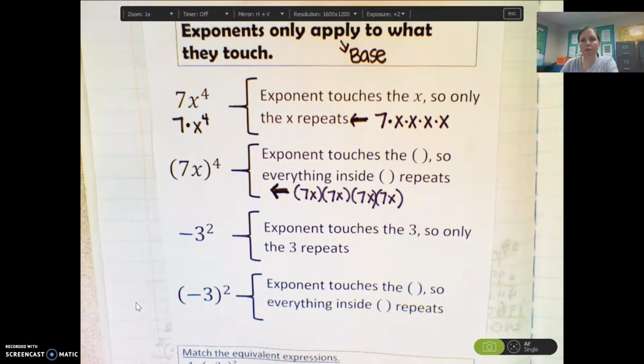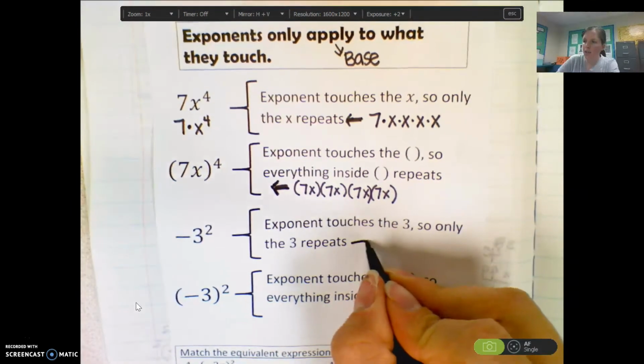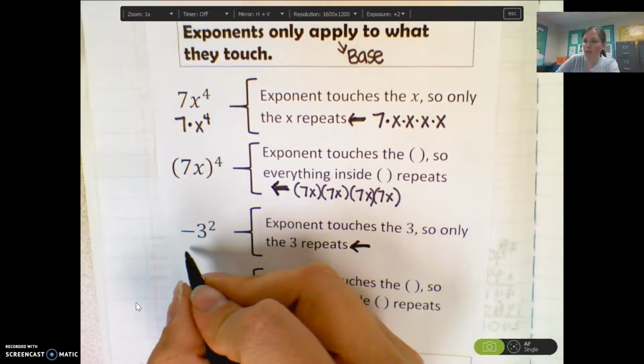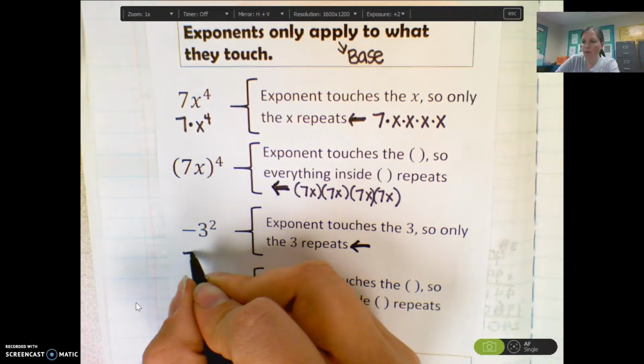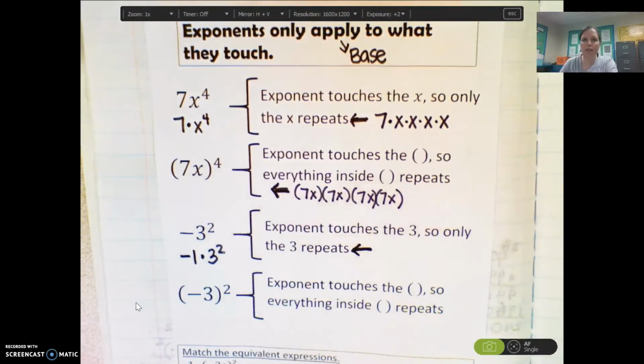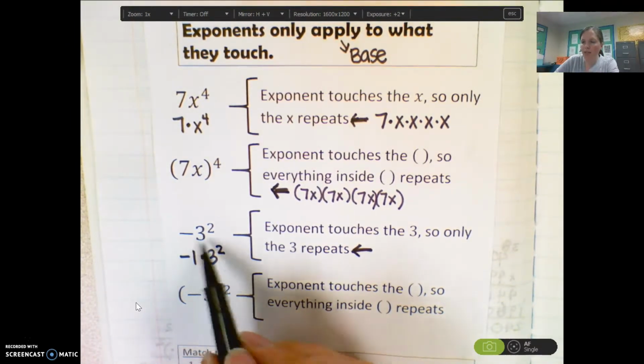Now, a similar thing happens when you have negatives, and I'll show you why. Again, it's what is the exponent touching? In this first one, the exponent is only touching the 3. So we could rewrite this. This negative sign, I'm going to rewrite as -1 times 3 squared. The -1 times 3 is the same thing as this -3.